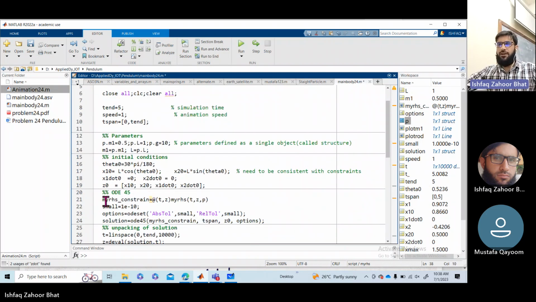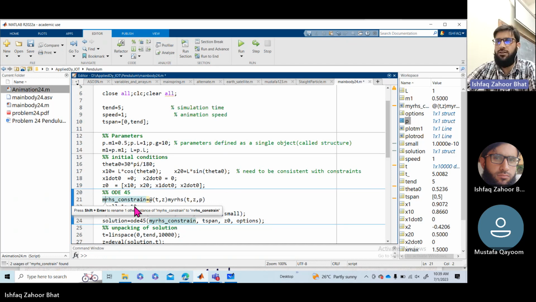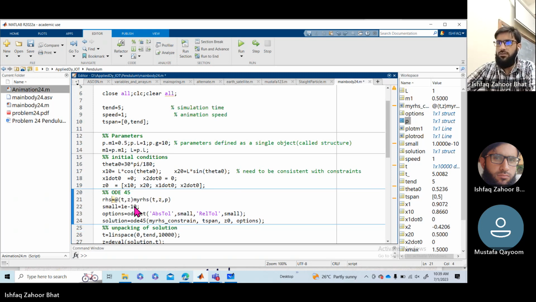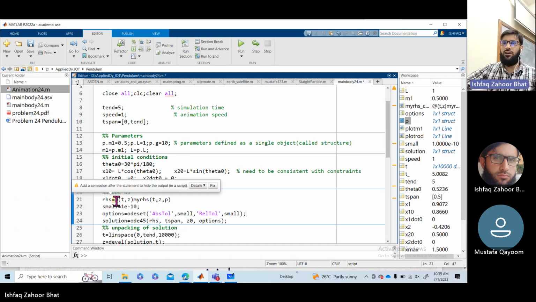I am defining another function, which I will call just RHS.